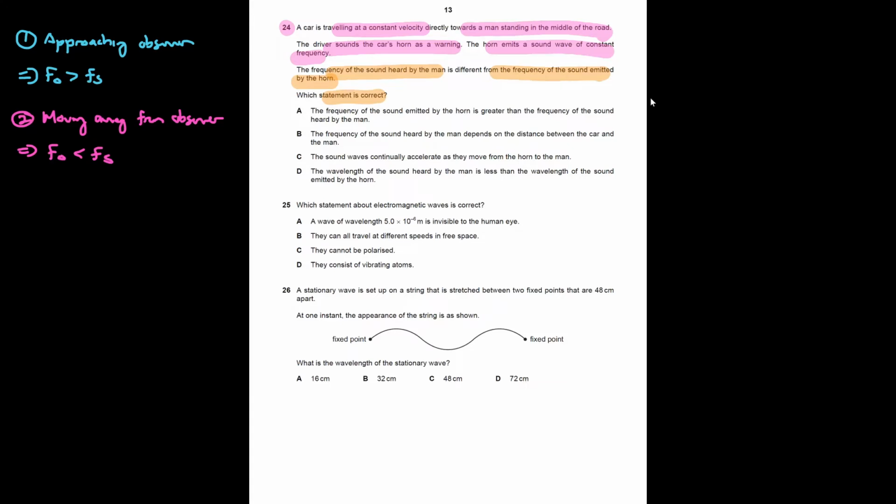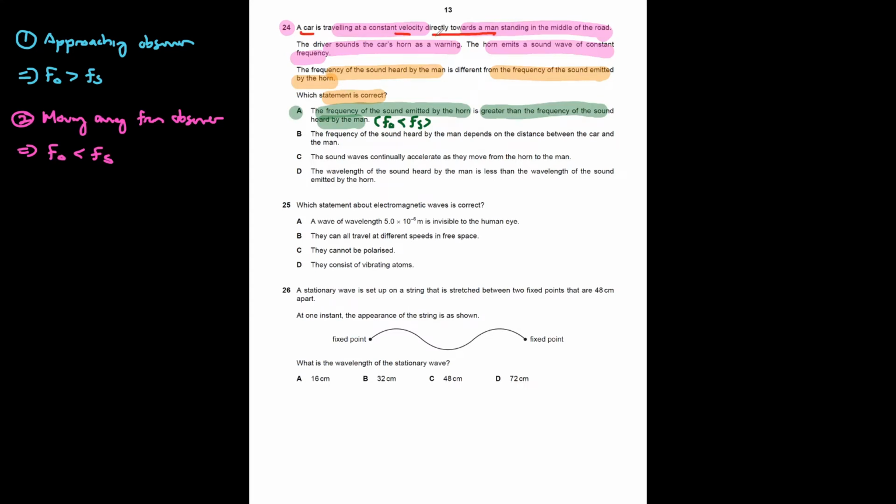Now here, if you look at the answer choices one by one, the frequency of the sound emitted by the horn is greater than the frequency of the sound heard by the man. This one is actually implying that the observed frequency is less than source frequency. The case that we have here is a car traveling at constant velocity towards a man.